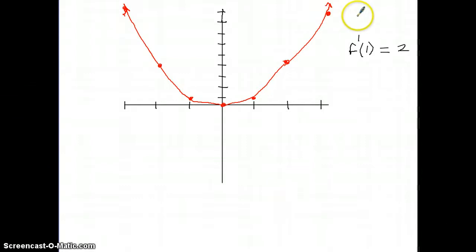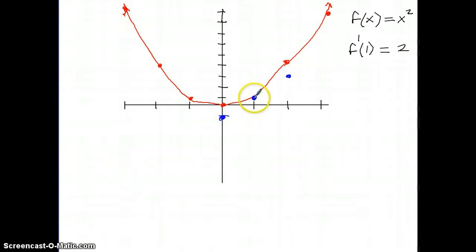And so we go to our function, f of x equals x squared, and we go to that point 1. We go to 1, and we know the slope tells us to go up 2 and then over 1. Now, we could also go down 2 and over 1 to come up with another point that's on that line.